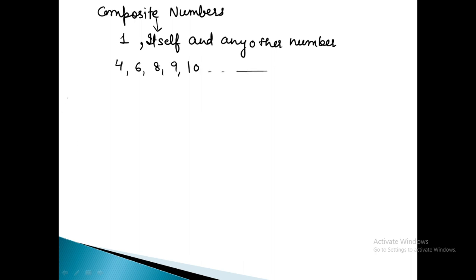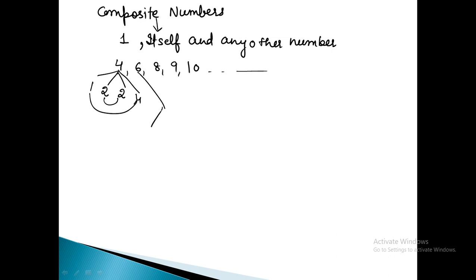These are composite numbers because 4 is divided further: 1 times 4, 2 times 2 is 4.